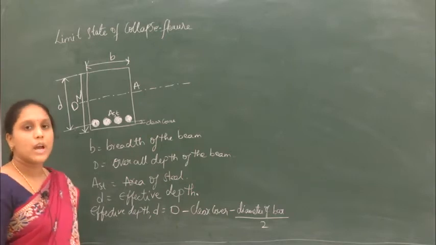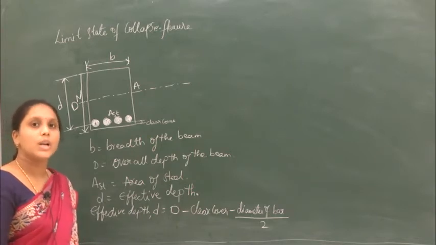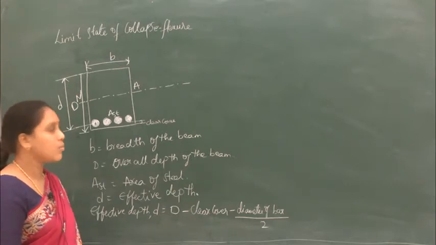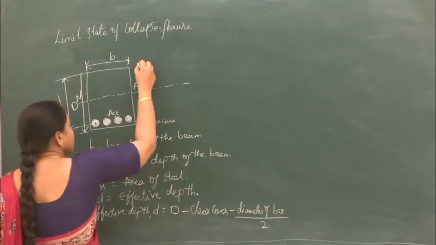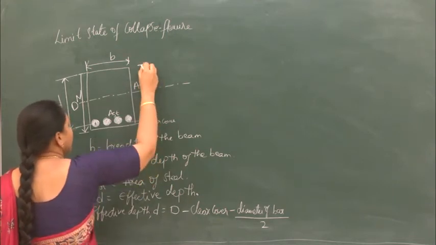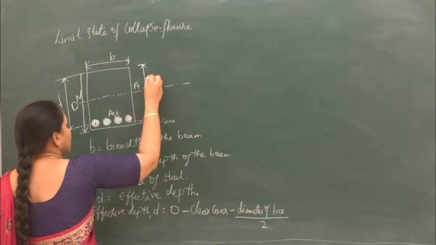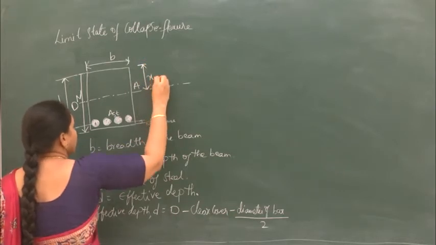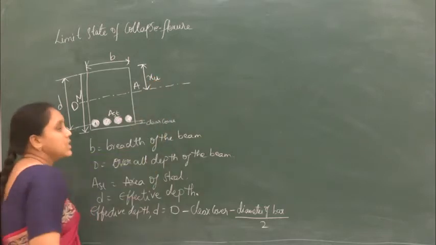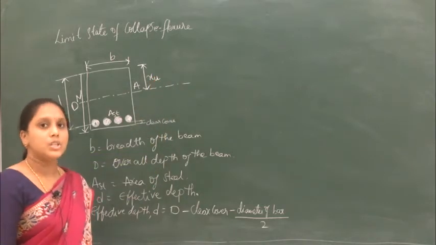Now what we have to calculate is the neutral axis depth. The distance from the topmost compression fiber to the neutral axis is called the neutral axis depth, and it is denoted by XU.